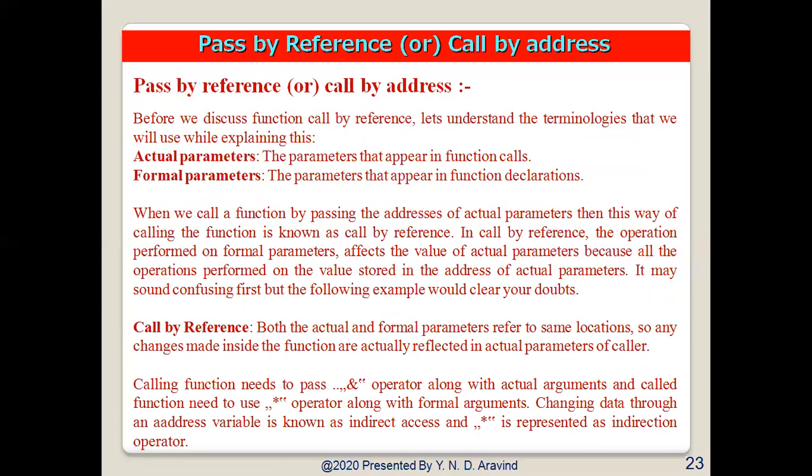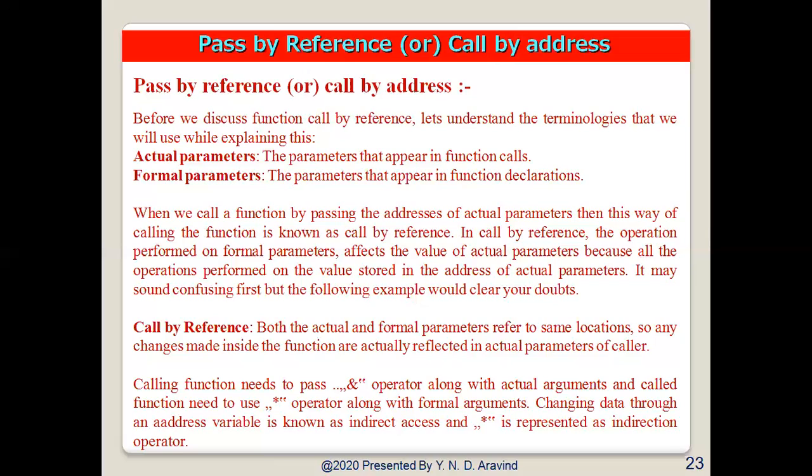In the caller function we send the address, so the address of the arguments is copied into the memory location instead of the values. In the called function we are going to have pointer variables. Since we are passing the address, where will this address be stored? The address will be stored in pointer variables.